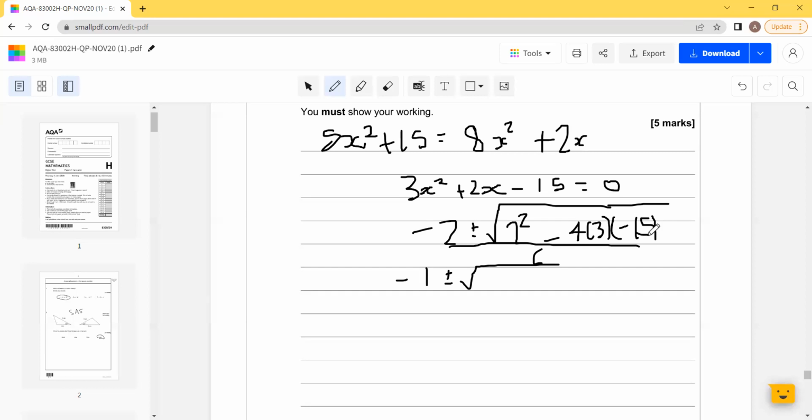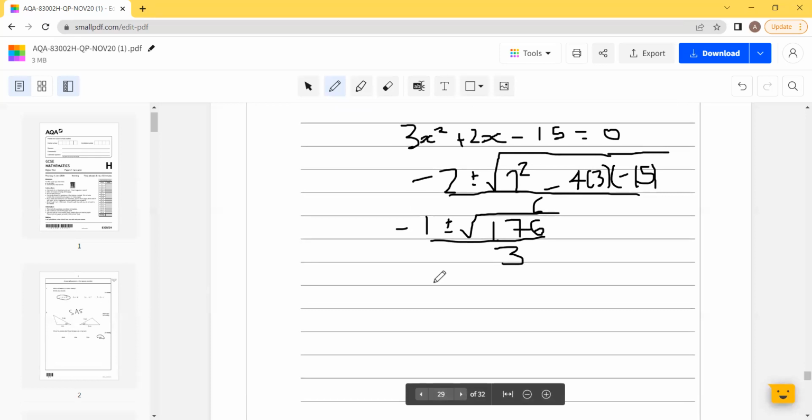So 4 minus 180, because 12 times 15 is 180. So we'll have the square root of 176 over 3, because I've just divided everything by 2. And the square root of 176 is 4 root 11. So we will get minus 1 plus or minus 4 root 11 over 3.